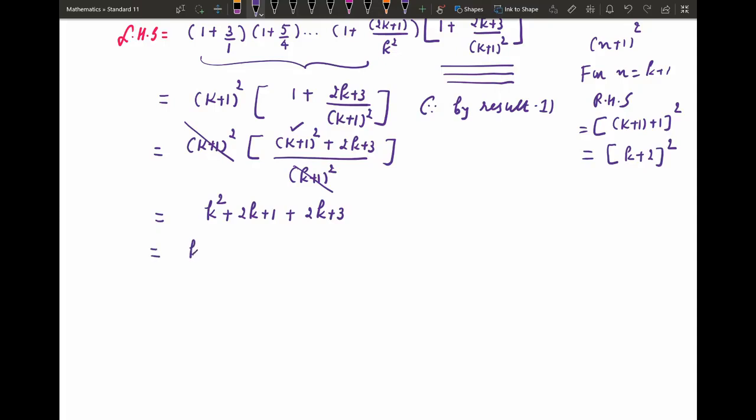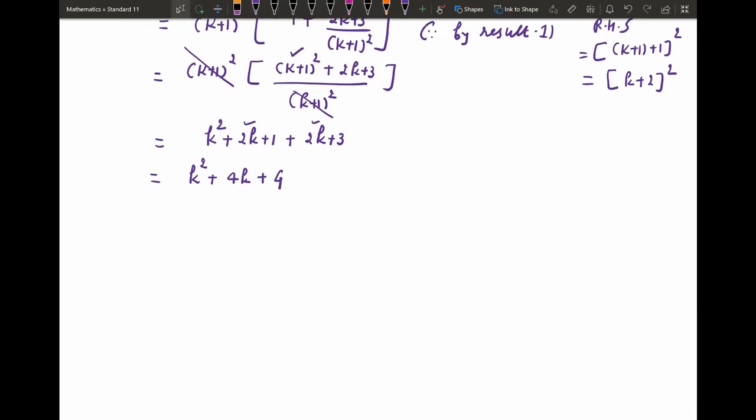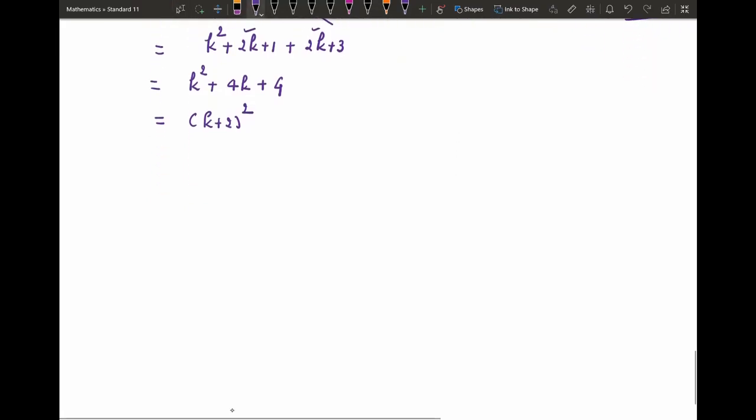This is nothing but k square plus 4k, that is 2k plus 2k, plus 4, that is 3 plus 1. You can observe this is nothing but the perfect square of k plus 2. So this is (k plus 2) whole square. This is our right hand side with n equal to k plus 1, so we can claim that it equals the RHS.